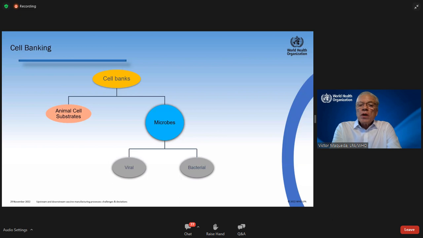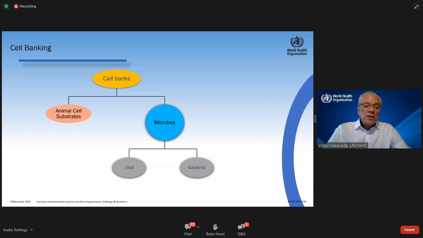This is just to show that we have different cell banks depending on the product that you will produce. That's why this drawing is separating the animal cell substrates from the microbes. Basically, if you have the microbe on the right, you would have cell banks related to bacterial vaccines or maybe viral vaccines.